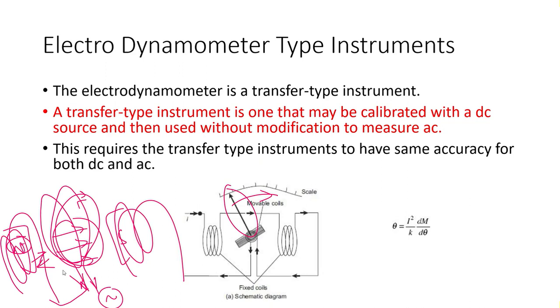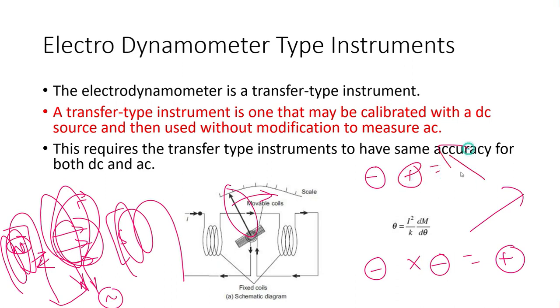So negative multiplied by negative will also give us a positive direction. So in both cases we would have the same direction. In the PMMC type, if the direction changes, one remains constant and the other changes, so the deflection reverses. But in EDM we have minus minus both, so this gives us the same direction.